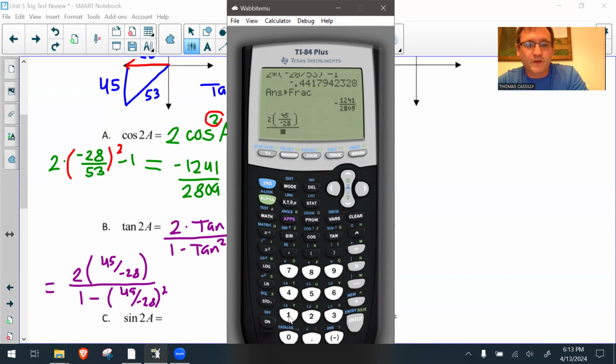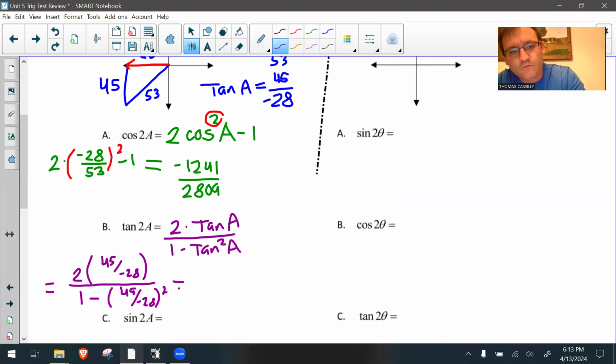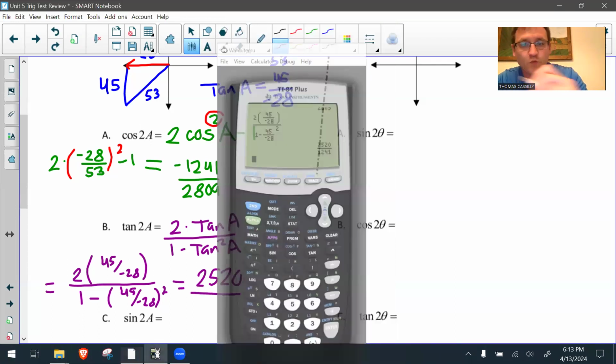And then on the bottom, same thing: 1 minus, make another parenthesis, then another fraction, 45 on top, negative 28 on bottom. Close the parenthesis, but square it. Don't forget about that square. Press enter and 2520 over 1241.